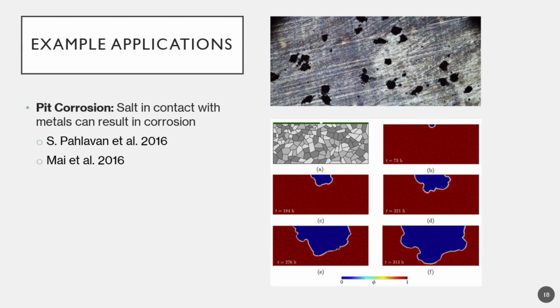Firstly, I'll talk on pit corrosion. As we can see on this slide, pit corrosion is a serious form of localized degradation that often occurs undetected until it's late. On the right-hand side we can see an image of a real micrograph of a metal, which is steel, after prolonged exposure to a corrosion environment.